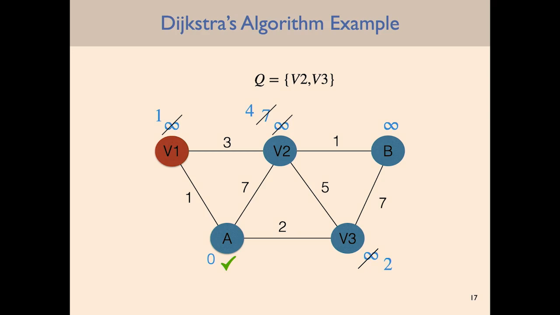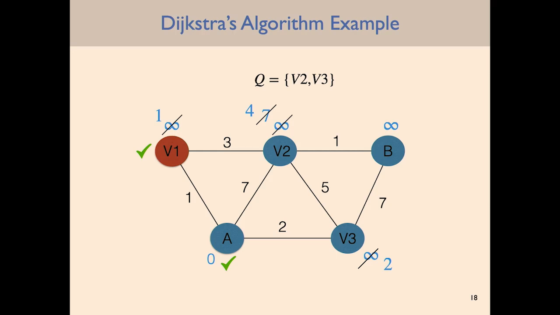So 1 because the estimate for V1 was 1, plus 3, which is the cost of the edge from V1 to V2. And we see that 4 is smaller than our previous best estimate. So 4 is smaller than 7, so we update. 7 was the path that goes from A to V2. 4 is from A to V1 to V2. Okay, so we mark that as fully explored, as a dead vertex, with a check mark.